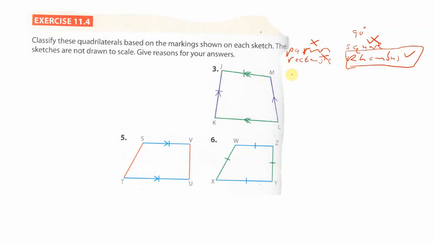So our reason would be two pairs of parallel sides, all sides equal, and no 90-degree angles.